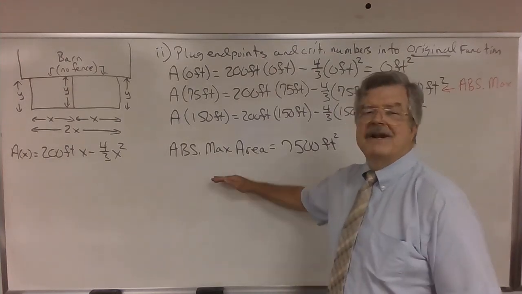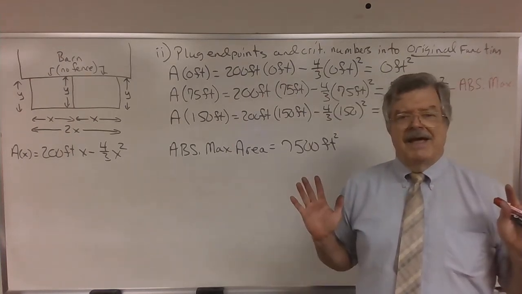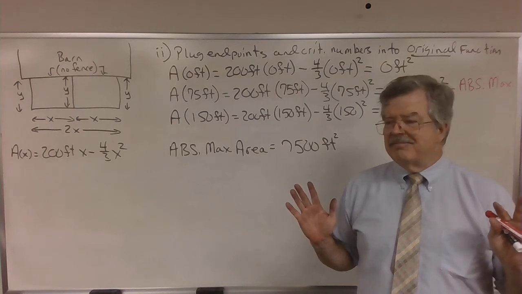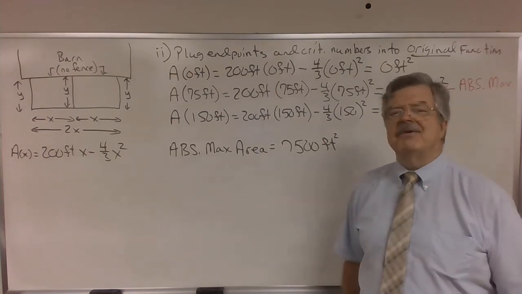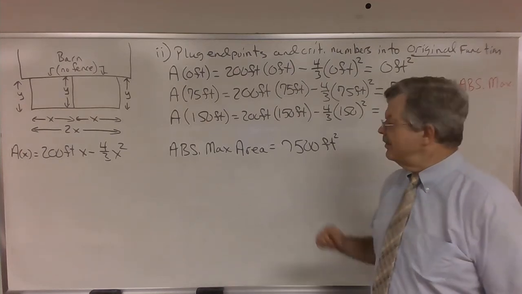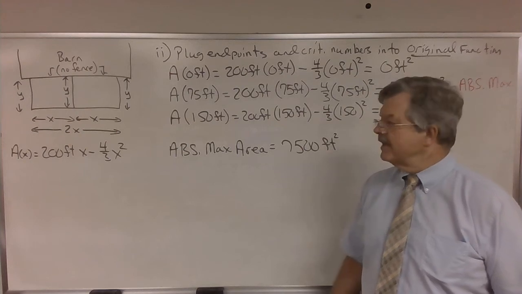I get an answer and I just assume that that's what I was looking for. This is a fault that has plagued me throughout my life. I don't even bother to say, well, wait a minute, was this what I was supposed to find in the first place?